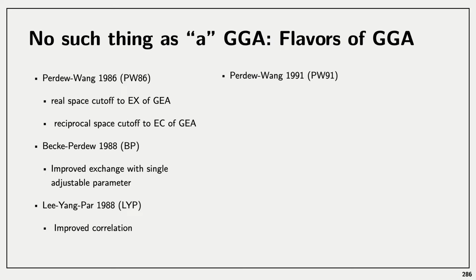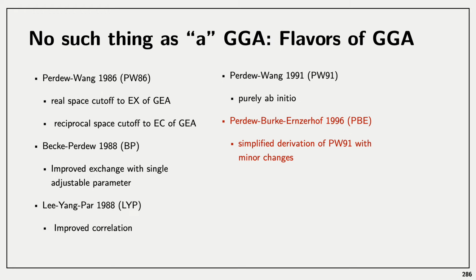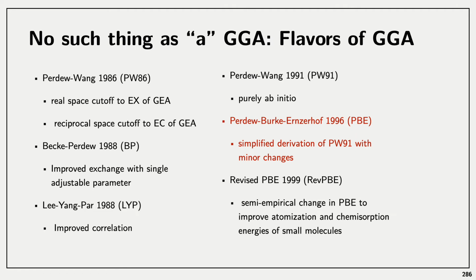PW91 is also a popular GGA that was developed that's purely ab initio, in the sense that it doesn't use a training set. I mentioned PBE, which was developed in '96 and is one of the most used GGA functionals in solid-state physics in general. That was, as I said, revised to make PBE better for certain types of applications. So the possibilities are infinite.